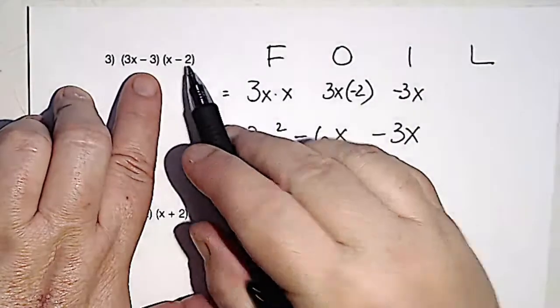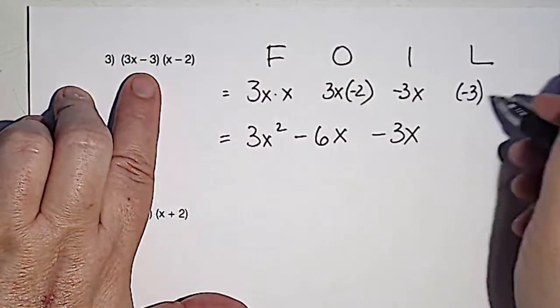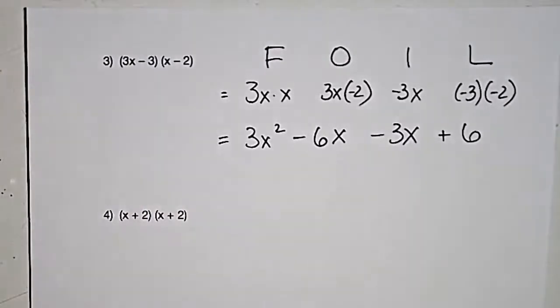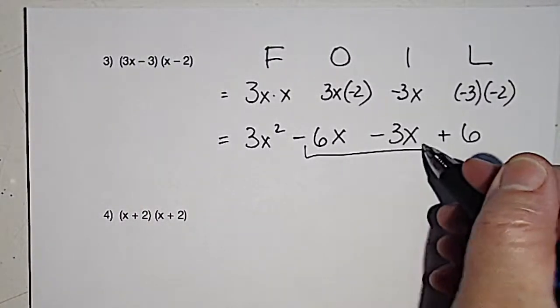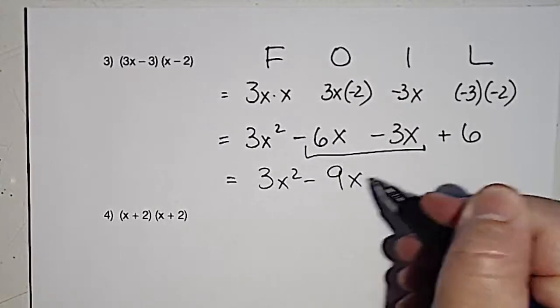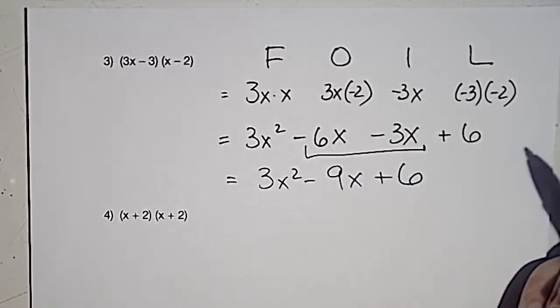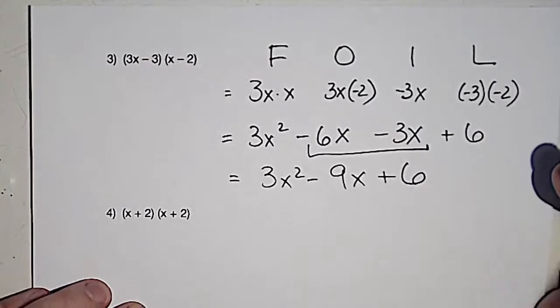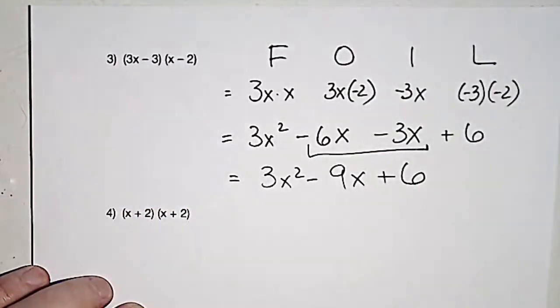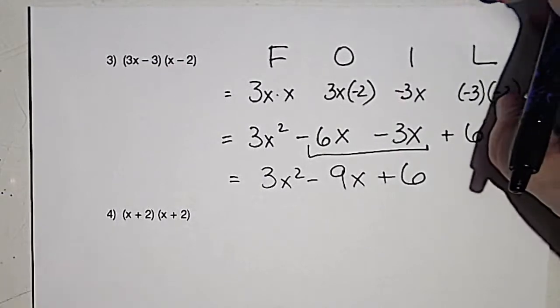And last, -3 times -2, which is a +6. And again, once I get these written down, I look in the middle and I go, oh, 3x squared minus 9x plus 6. Woohoo. And again, those of you who are getting this, start thinking backwards. Could you get back to the original from the answer?